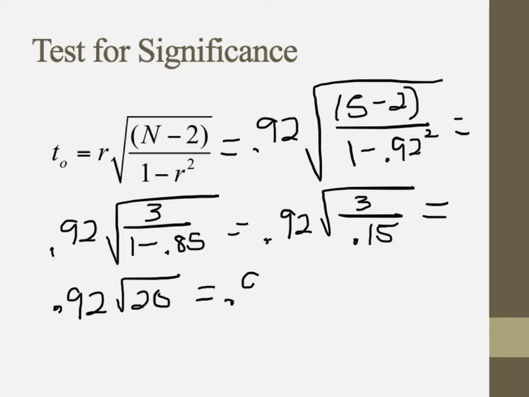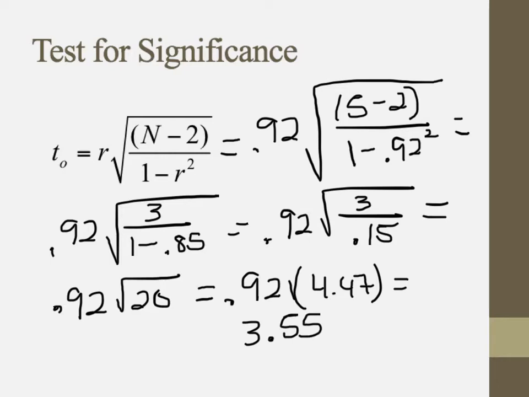So 0.92 times the square root of 20 is 4.47. So 3.55 is our value for t.